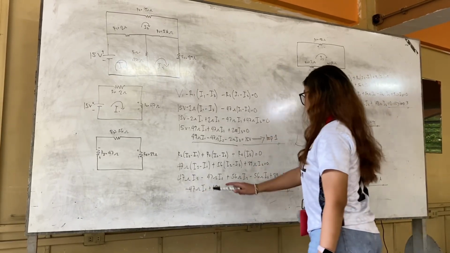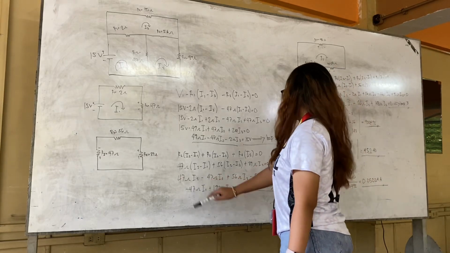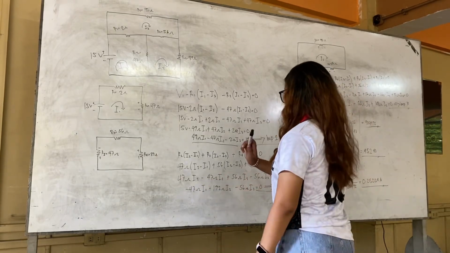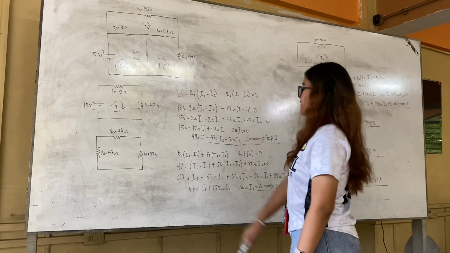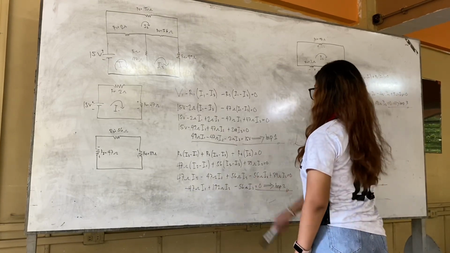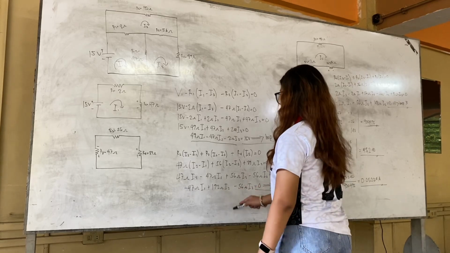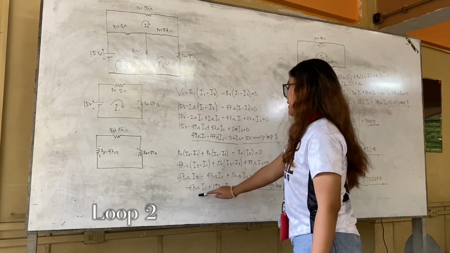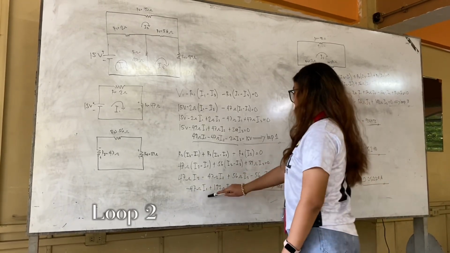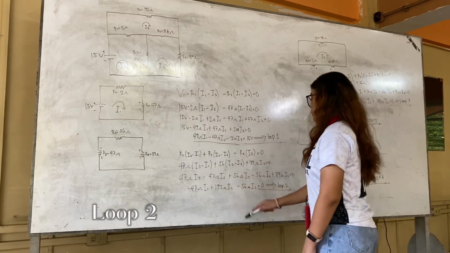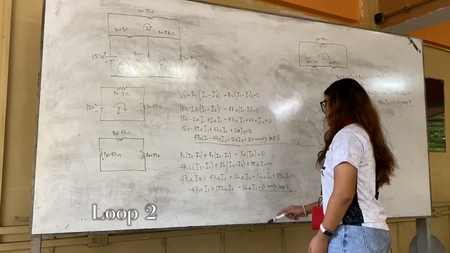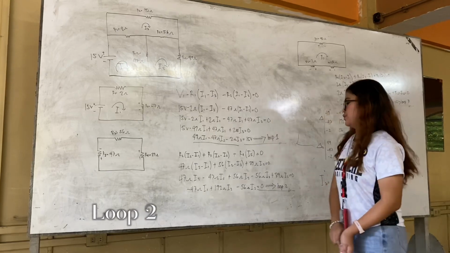So the 47 ohms I2 plus 56 ohms I2 plus 89 ohms I2 is equal to 192 ohms I2. So this is going to be negative 47 ohms I1 plus 192 ohms I2 minus 56 ohms I3 is equal to 0. And that's our loop 2.